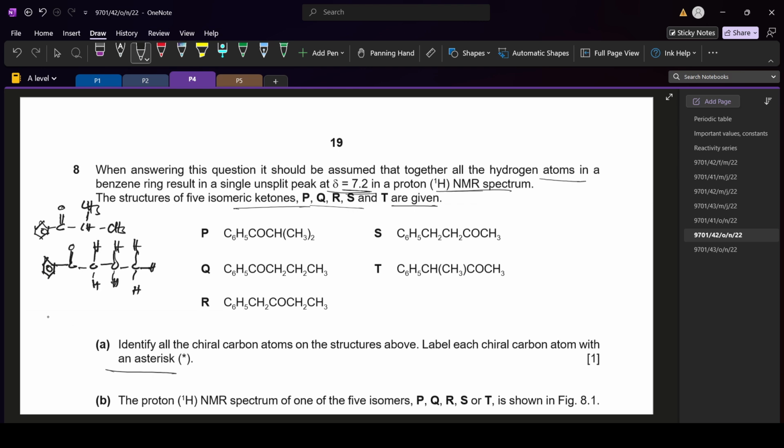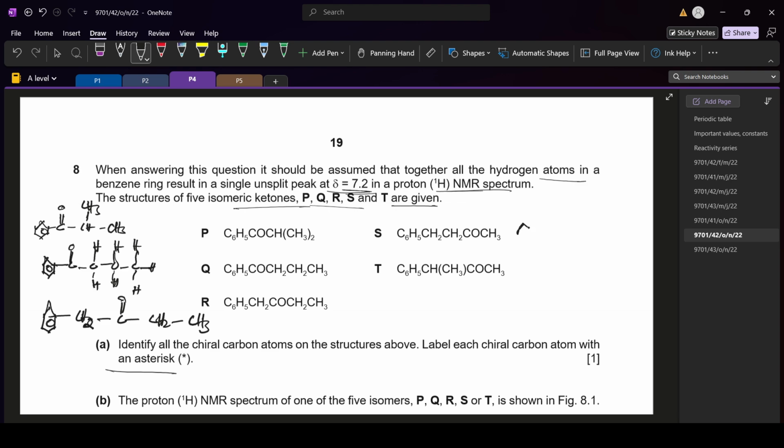Then you have R, which is CH3, CH2, then the carbonyl ketone group, then CH2 and CH3.